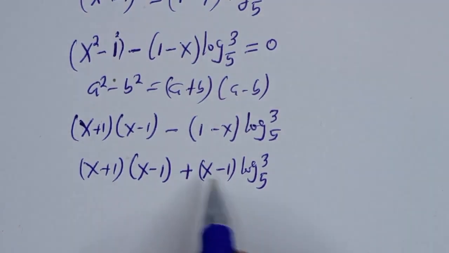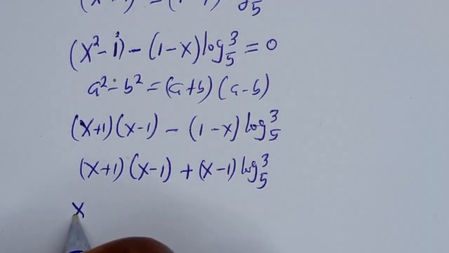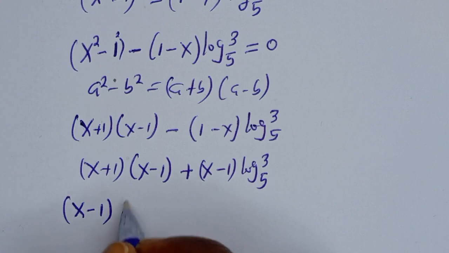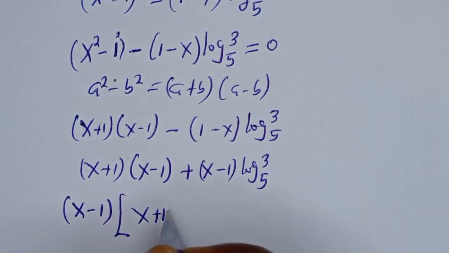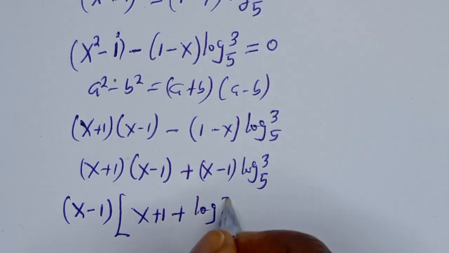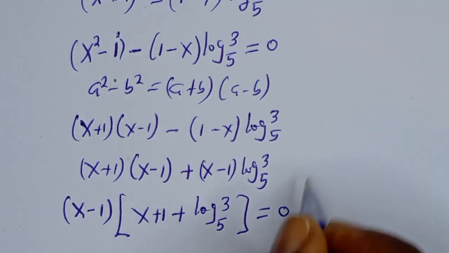Now here s minus 1 is common. Let's bring it out. S minus 1 bracket, this divided by this, we have s plus 1, this divided by this plus log 3 base 5 is equal to 0.